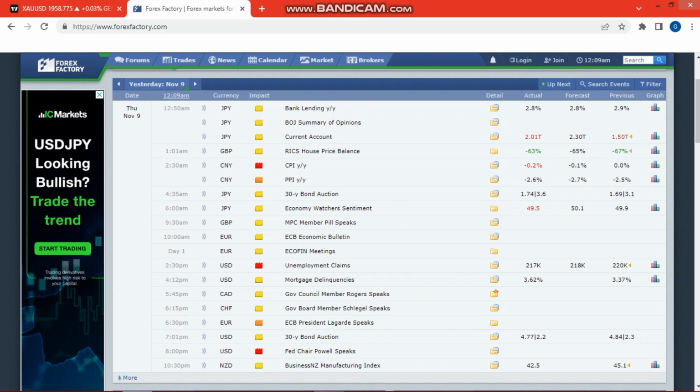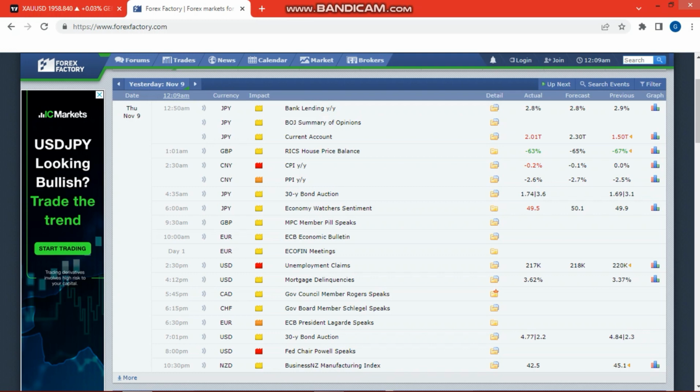Anytime you see something looking orange, it means a medium impact expected. But this yellow one indicates that it doesn't really move the market, or doesn't really do anything significant.